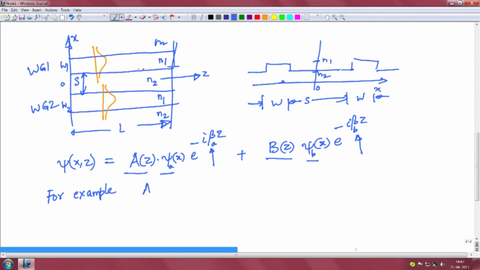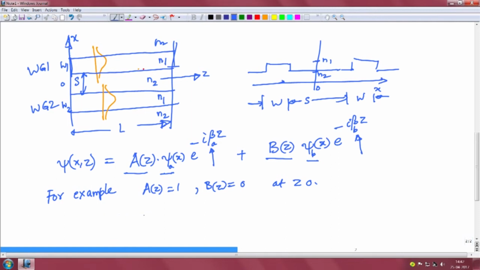Just as an example, if A equals 1 and B equals 0 at z equal to 0, it implies that psi of z is psi A of x, and the power of the whole field is concentrated only in the first mode.